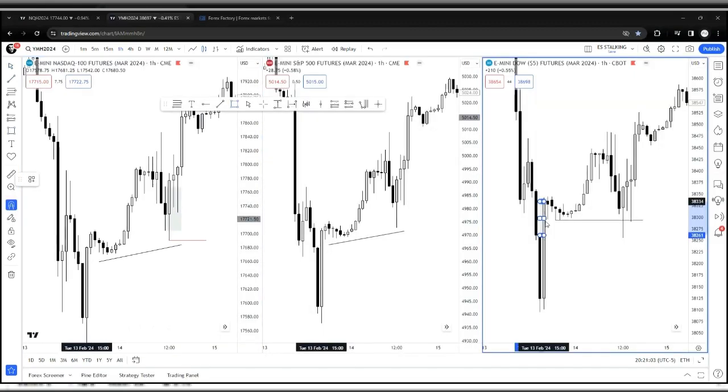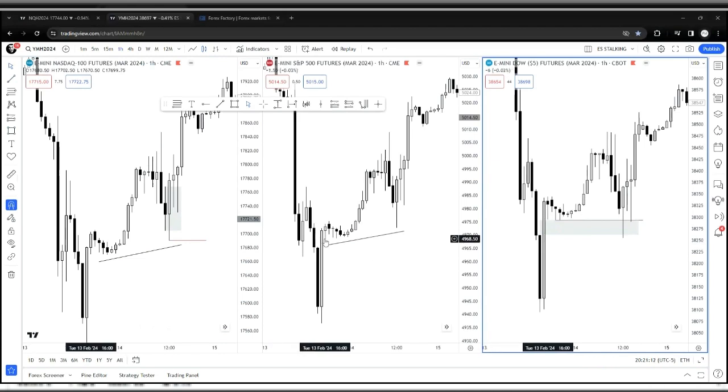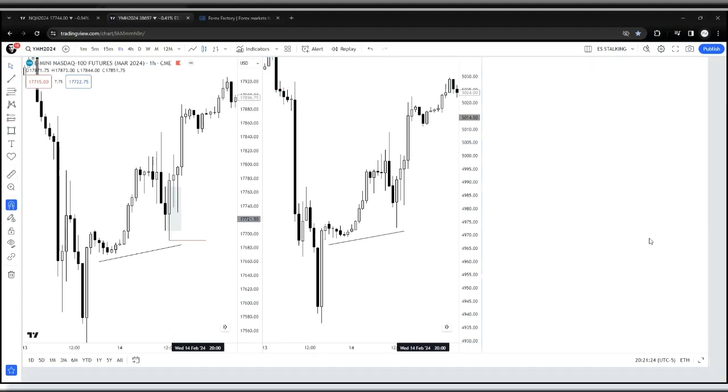Right here you can see price trade into this fair value gap right here while not closing these ones as well, which is a part of the SMT. Right?